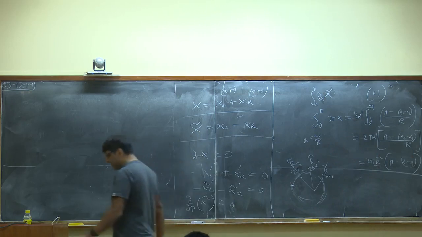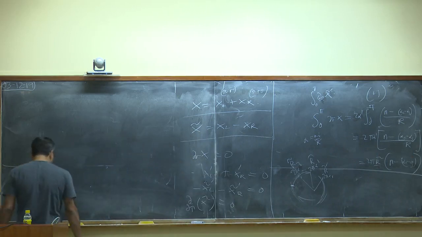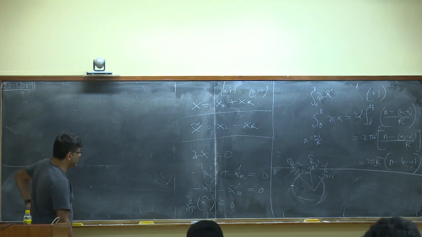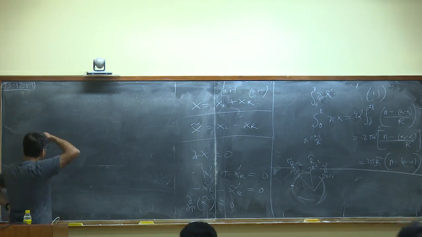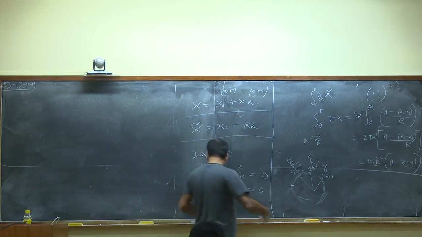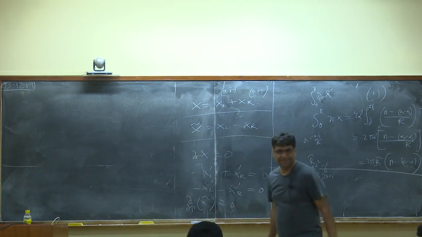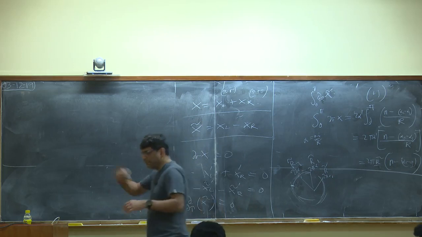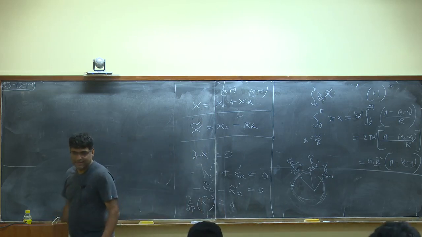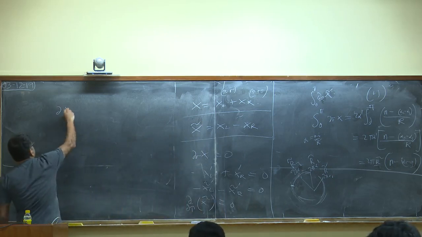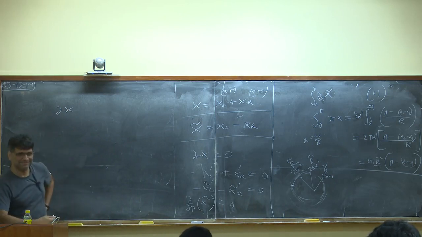So let's look at what the vertex operators were for the massless modes before compactifying, before T-dualizing. These vertex operators, as we said, were basically del x.